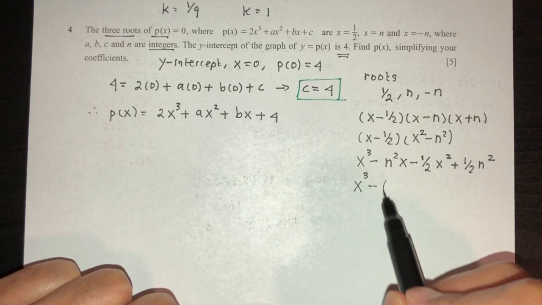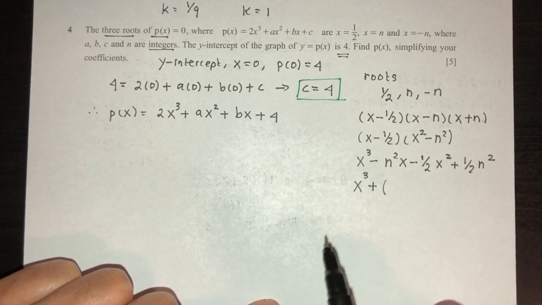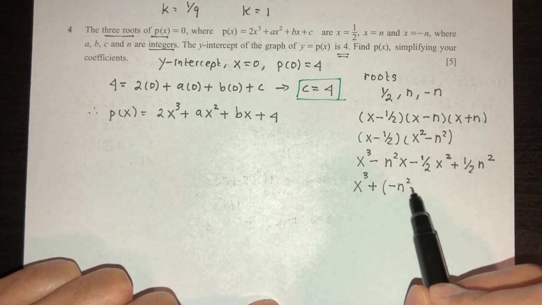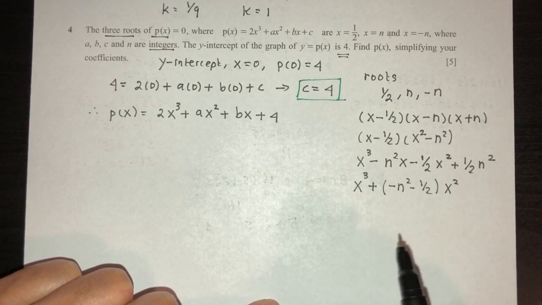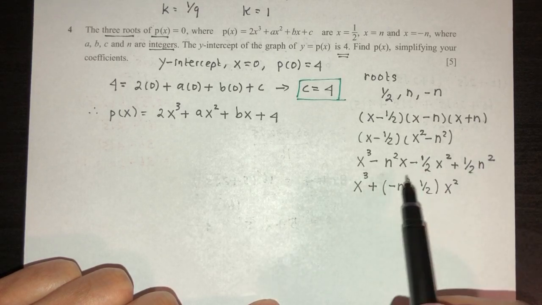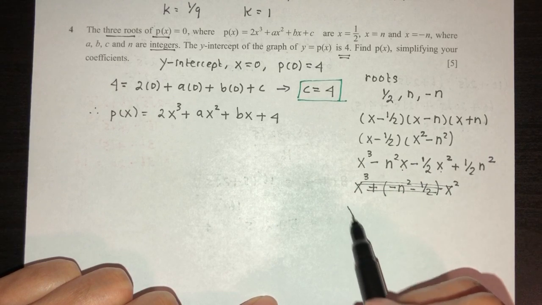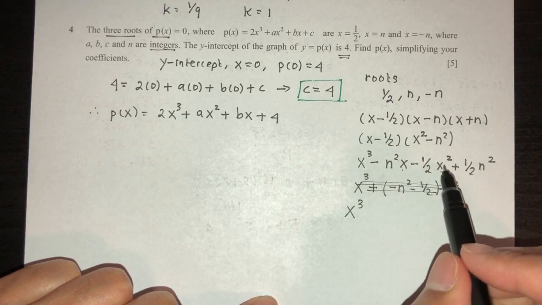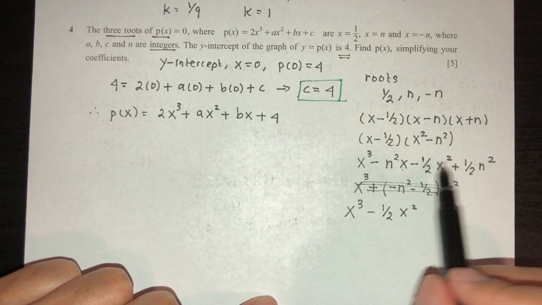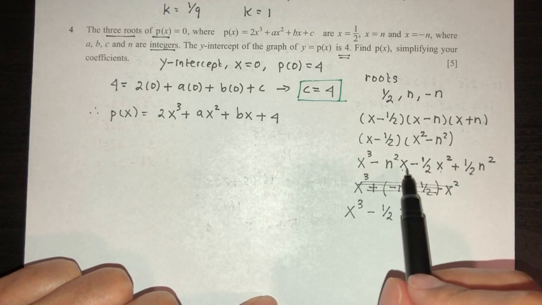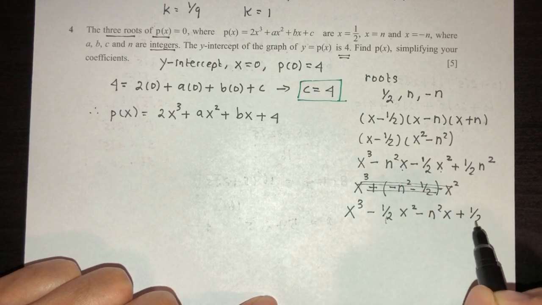Oh no, this is not together because it is not the same, so it's not good. So you will have x cubed, then we have x squared, so minus half x squared, then we have this one, x minus n squared x plus half n squared.